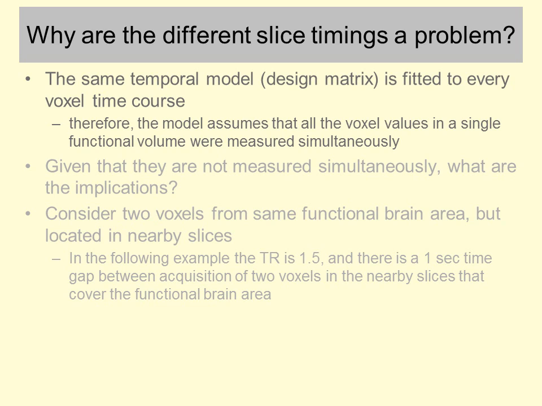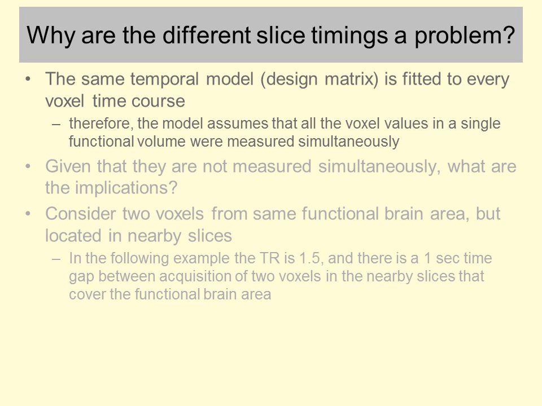So remember last week I made it clear that the same design matrix is fitted to every voxel time course in the brain, and a design matrix is a temporal model. And what it does is, it assumes that all the voxel values in a single volume were measured simultaneously.